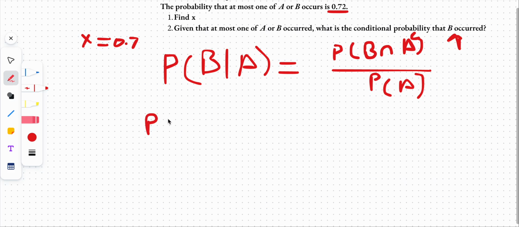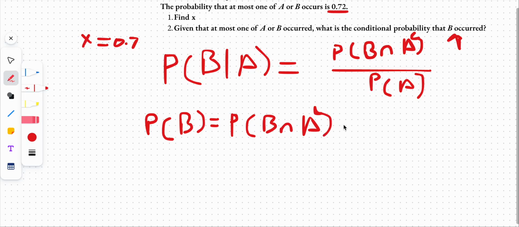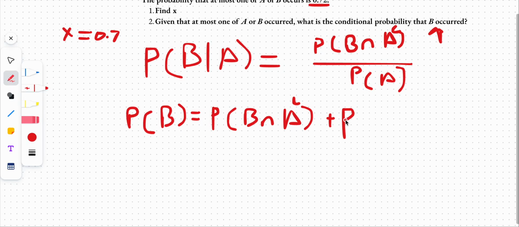So the probability of B is equal to the probability of B and A complement, plus the probability of A and B. That makes sense, right?